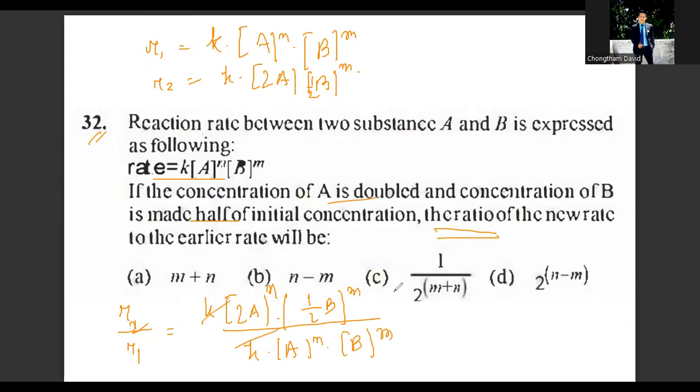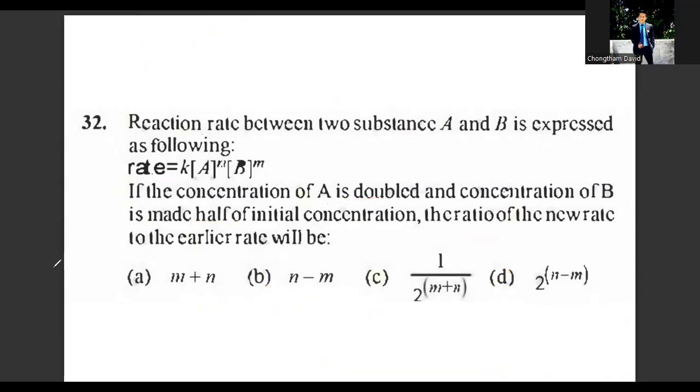Cancel all the common terms, and what is left now is 2 to the power n and 1 by 2 to the power m. Can I write it like this? 2 to the power n into 2 to the power minus m. The base is the same, so the power should be n and minus m. So this is the answer for question number 32. D is the answer.